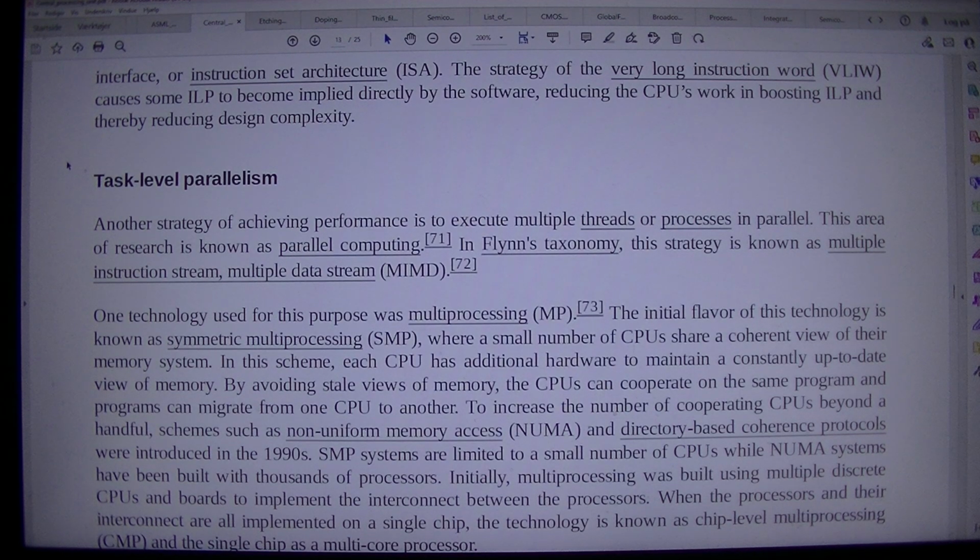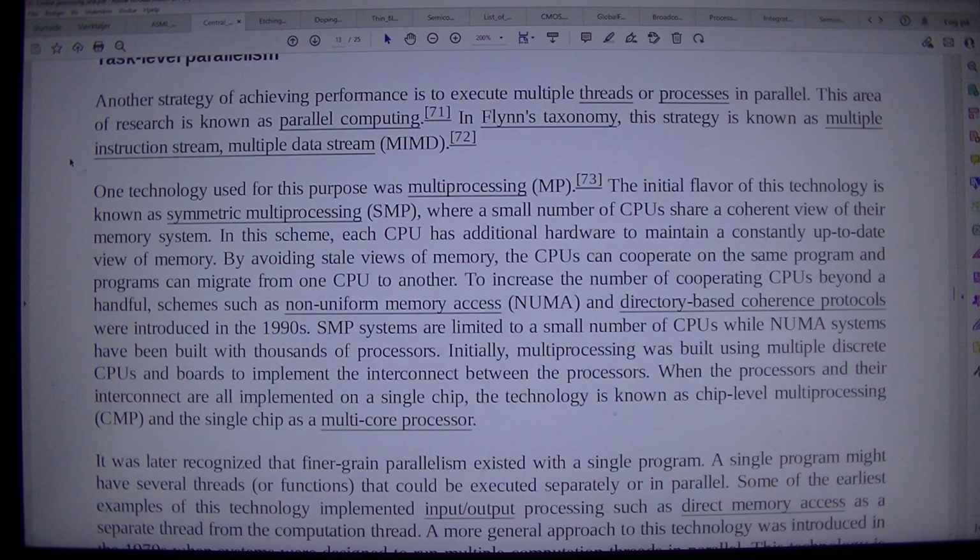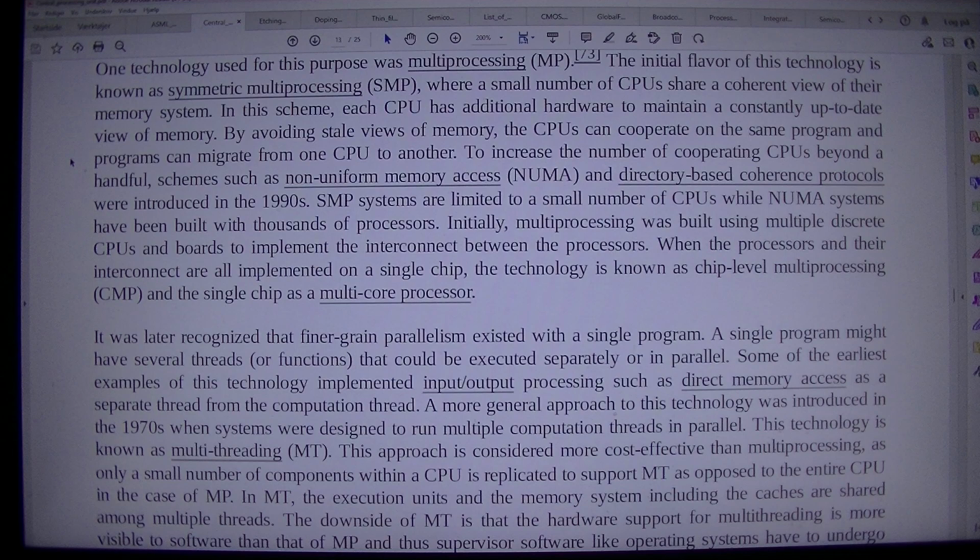The initial flavor of this technology is known as symmetric multiprocessing, SMP, where a small number of CPUs share a coherent view of the memory system. In this scheme, each CPU has additional hardware to maintain a constantly up-to-date view of memory.